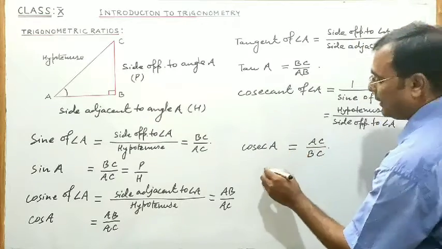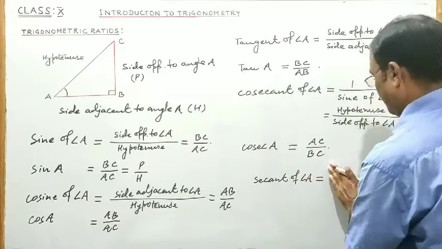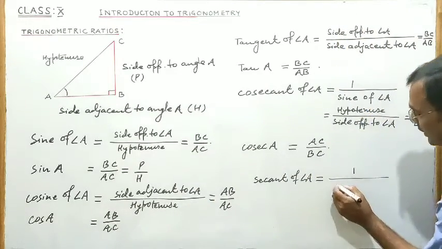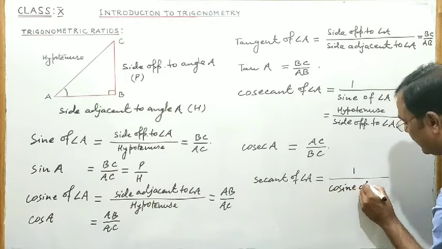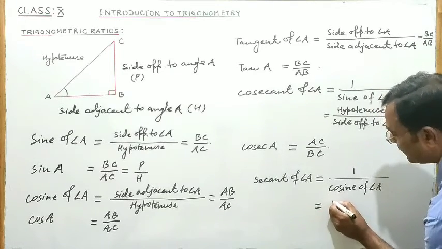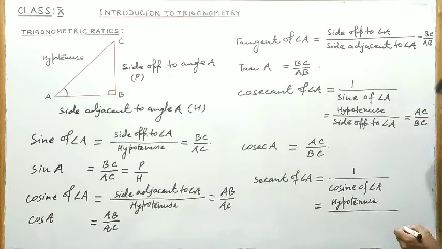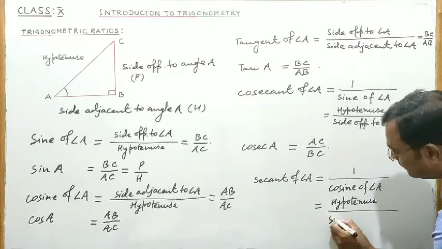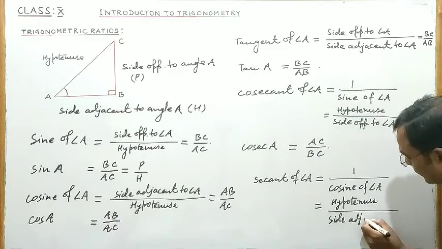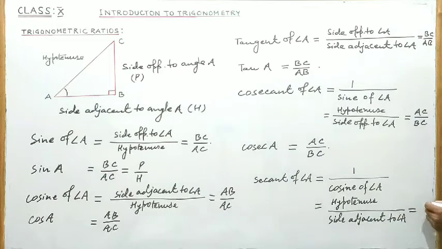Next ratio is secant of angle A. Secant of angle A is defined as the reciprocal of cosine of angle A. So 1 upon cosine of angle A, which is equal to hypotenuse upon side adjacent to angle A, and this is equal to AC by AB.